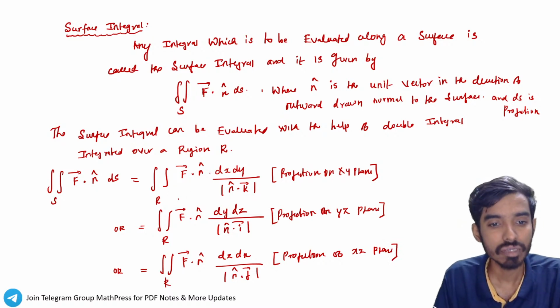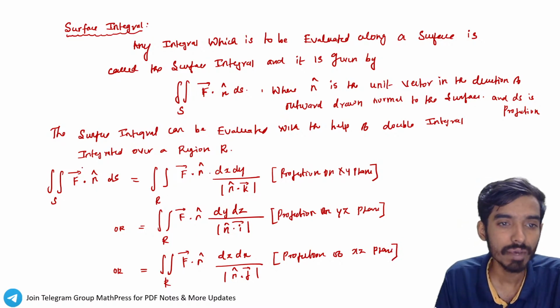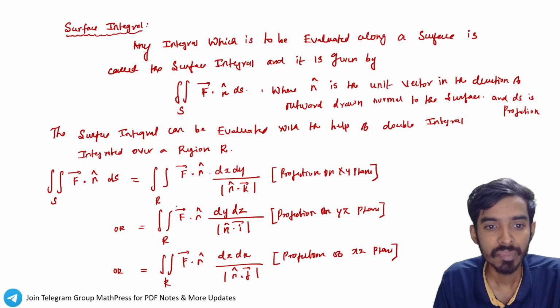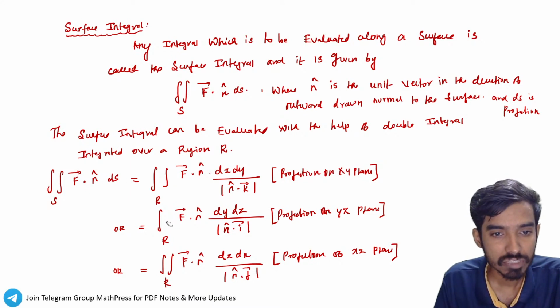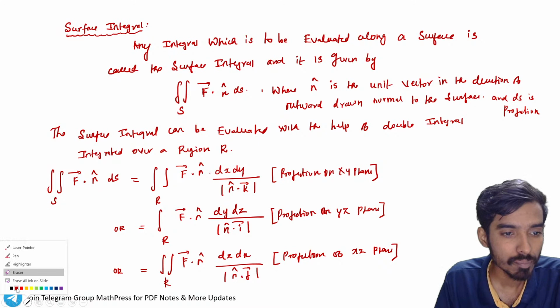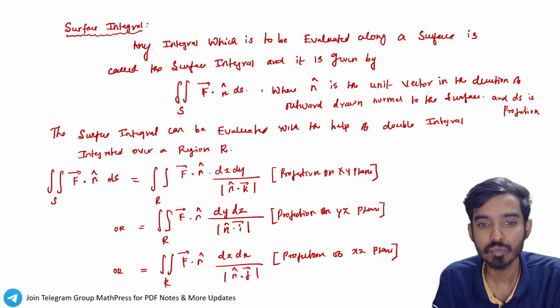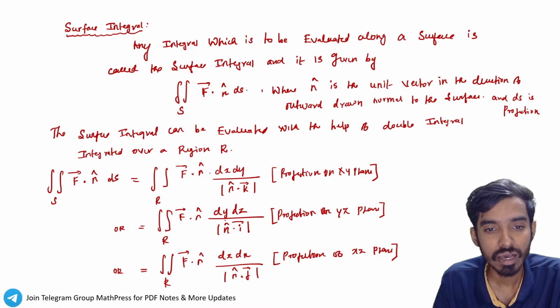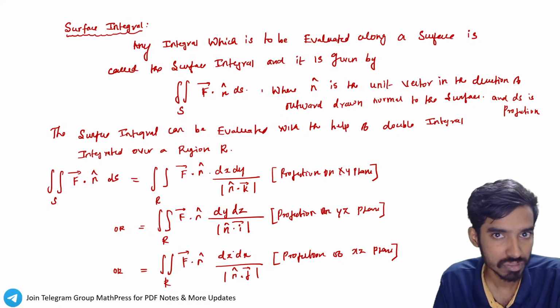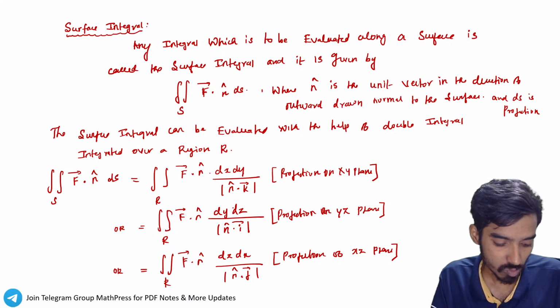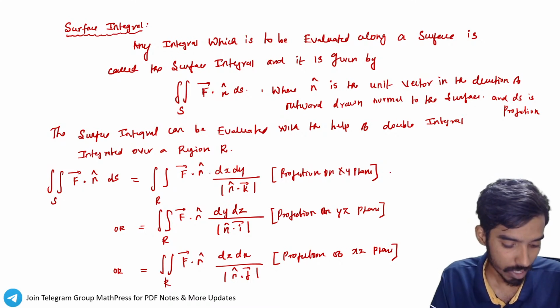You need to use any one of these three formulas to evaluate this surface integral. You need to pick a formula depending on the question, but it is very easy to pick. Whether you have to use this or this or this, I'll let you know how to do this, so we need to choose accordingly.